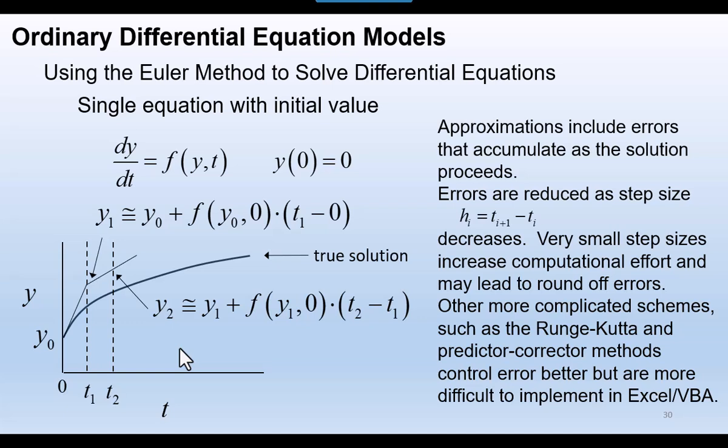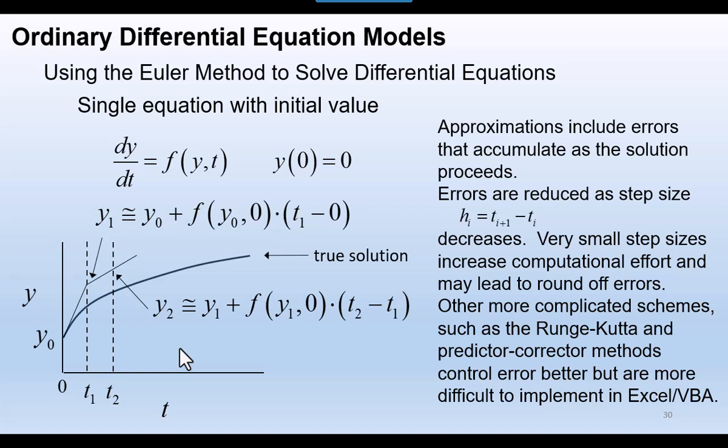And also to mention that there are more complicated schemes, and you may have seen these or used them with other software packages such as MATLAB or Python, examples being the Runge-Kutta multi-step schemes or the predictor-corrector methods that control error better, but for us they're much more difficult to implement in Excel because they require some significant programming in VBA.